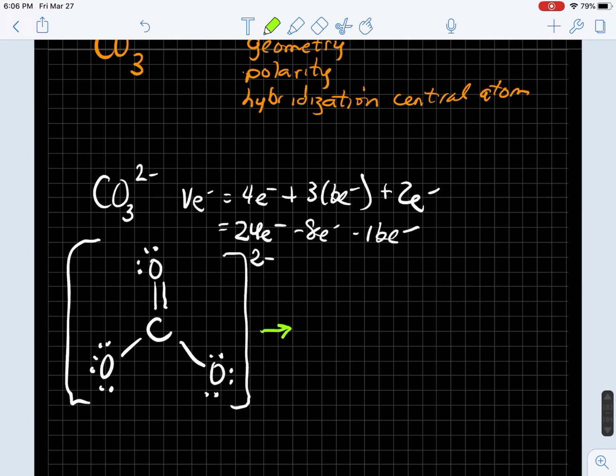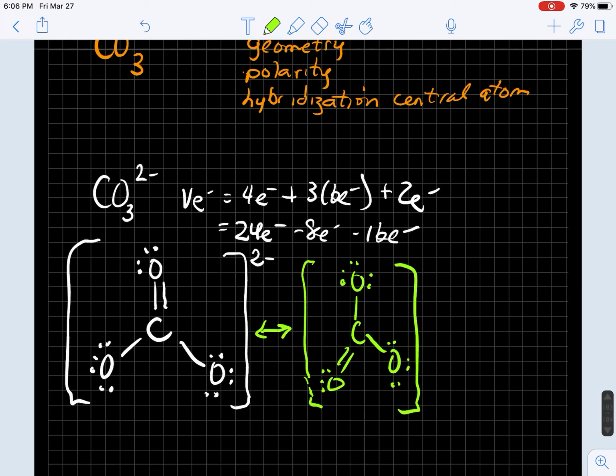Now for the resonance structures, we draw a double arrow, and then we draw our second structure, and you can just move that double bond around. Again, at an advanced level, like third year college or orgo, something of that nature, I would have you do electron pushing diagrams, and you would have to show me which bonds you broke and which bonds you formed.